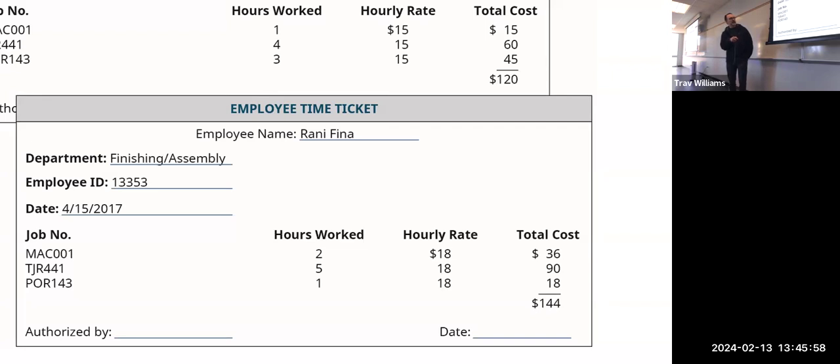This was the job we were looking at earlier. I guess they did both of the tasks that were needed at $18 each, and that's the $36 of labor we saw earlier. But you can see that the same person worked on this job for 5 hours and this job for 1 hour. So we have a record of all the work that they did and for which jobs.